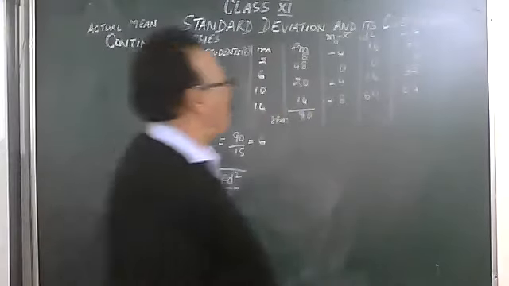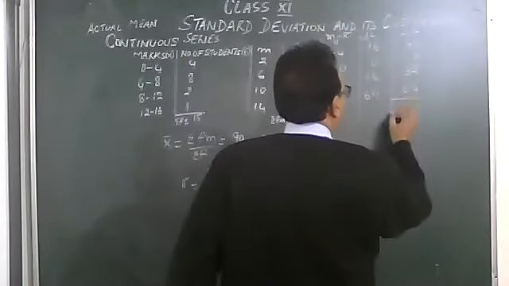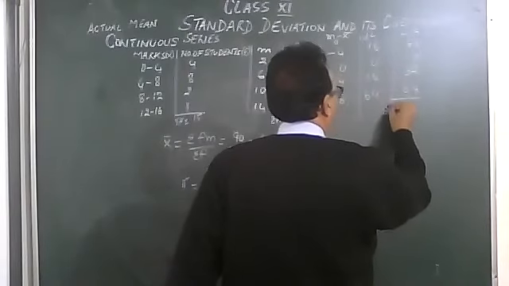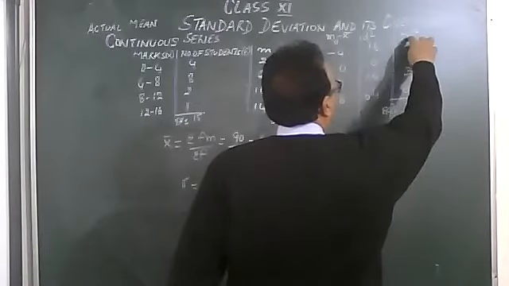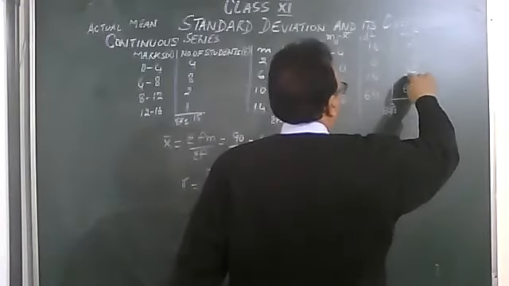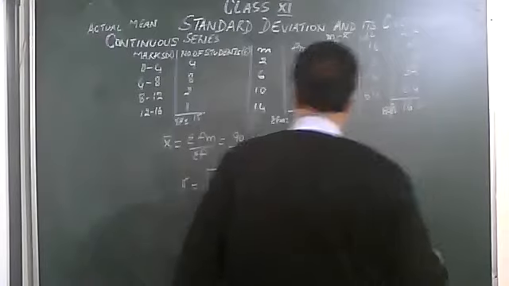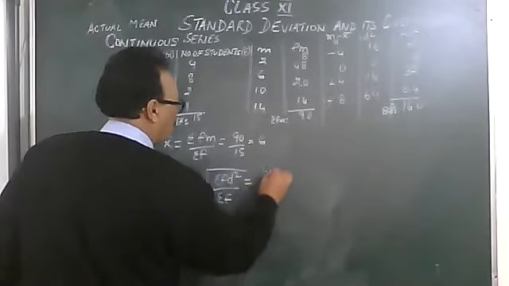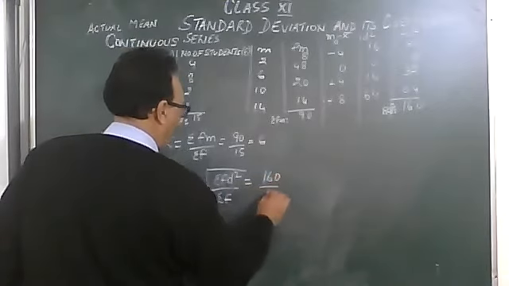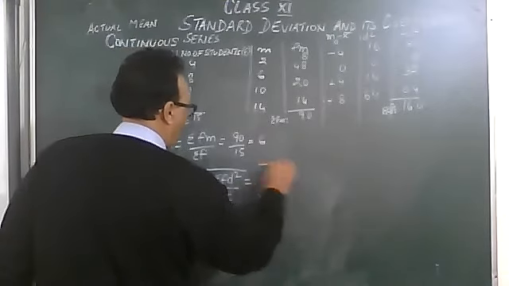Okay, sum this up. Sigma f d squared: 64 and 0 is 64, 64 and 32 is 96, and 64 is 160. Now substituting these values, 160 upon 15, under root.